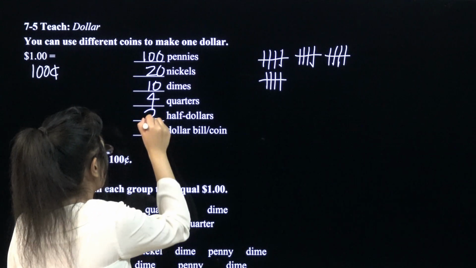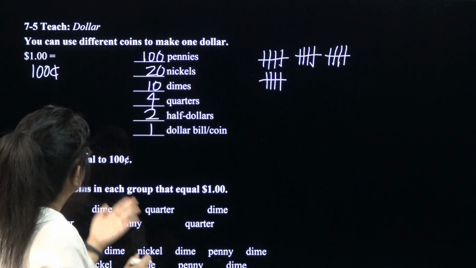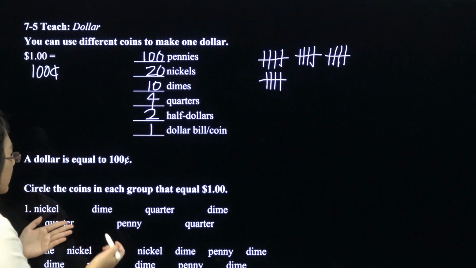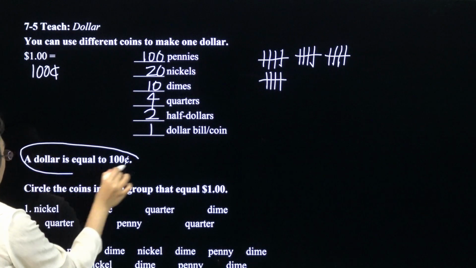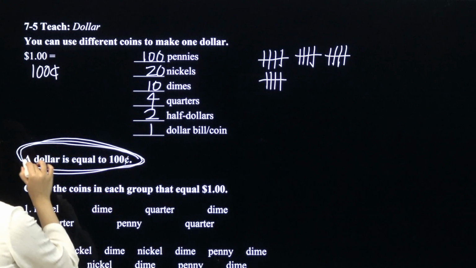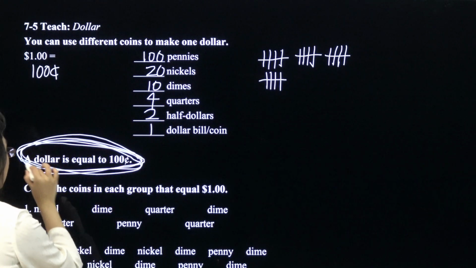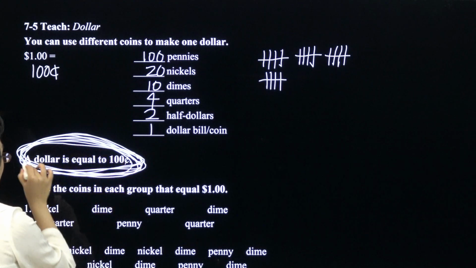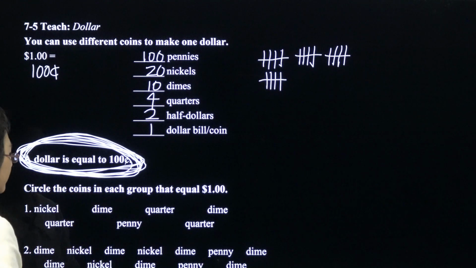So we only need 1 of those to get $1. So $1 is equal to 100 cents. For those of you that really want to see this in a sentence.